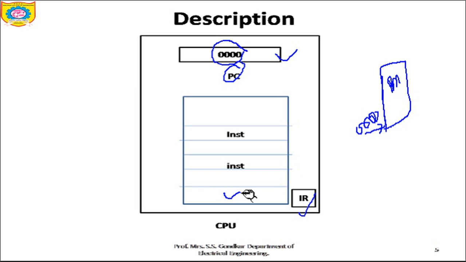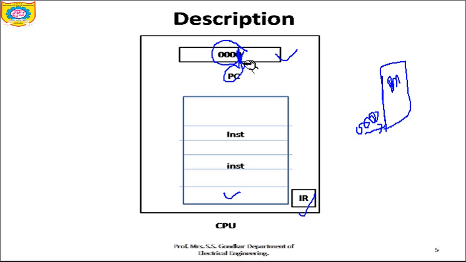So the instruction from program memory at location 000H is fetched and placed in the instruction register. At the same time the program counter is incremented by 1. So from 0000 it will become 0001, it will become 1.